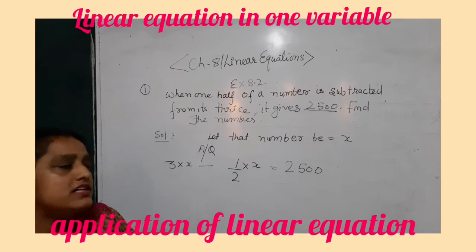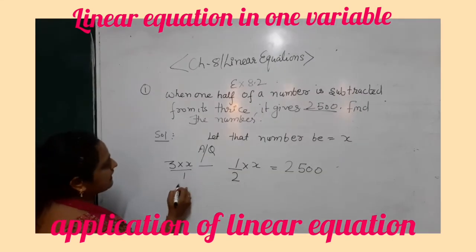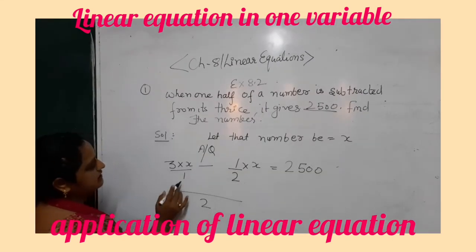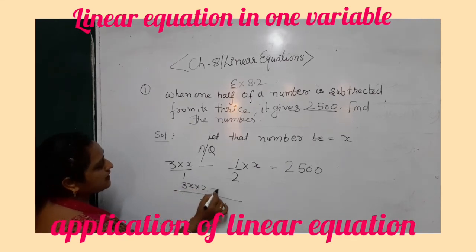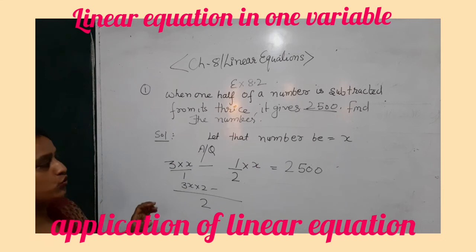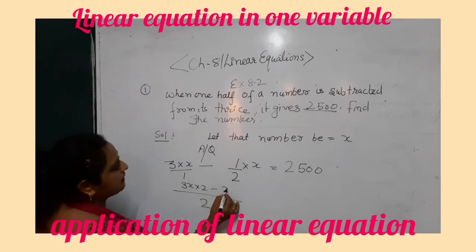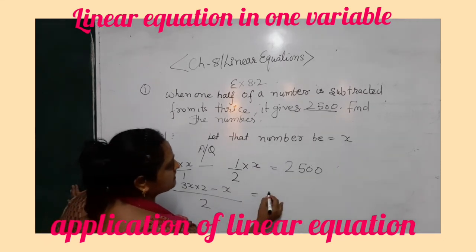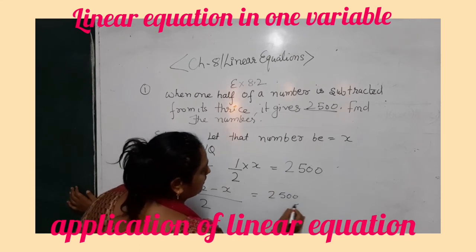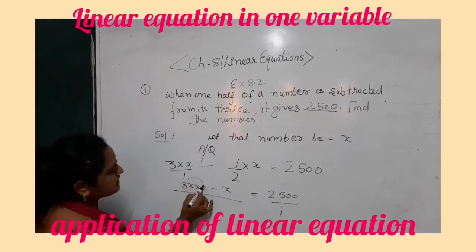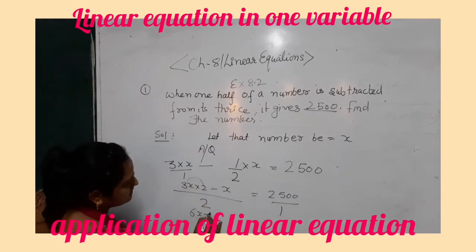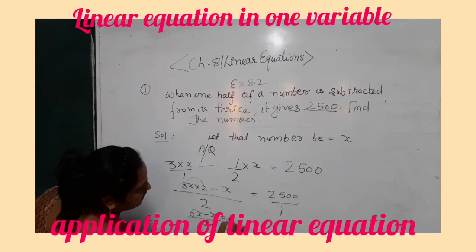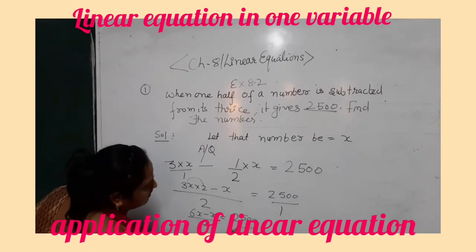Now we will solve this equation by taking LCM. 2 is the LCM. 2 ones are 2, 2 threes are 6, minus 2 divided by 2 gives 1. After multiplying, we will get x. 3 twos are 6x minus x divided by 2 is equal to 2500.